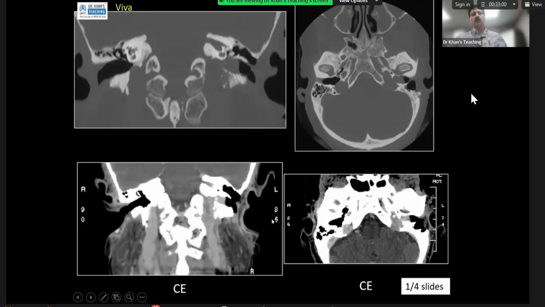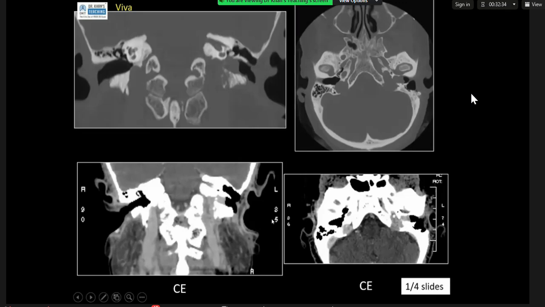Over to you. Okay, there are multiple still images of the base of the skull. In coronal and axial, there is a bony erosion of the jugular foramen, and there is an enhancing soft tissue mass seen within it.